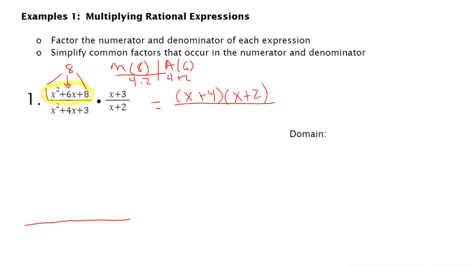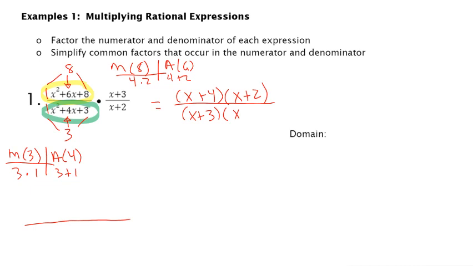The bottom part, if we look at that, same deal. So I'm going to go ahead and factor this one out. So factors of 3 that add to 4. And that's going to be 3 and 1. All right, so far nothing really too different from what we saw already.